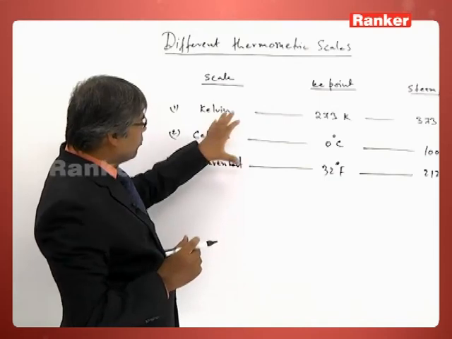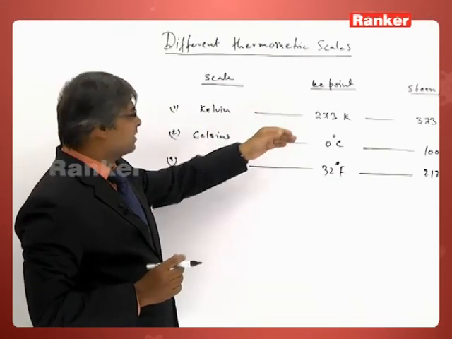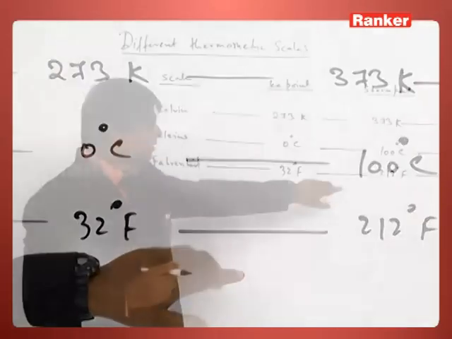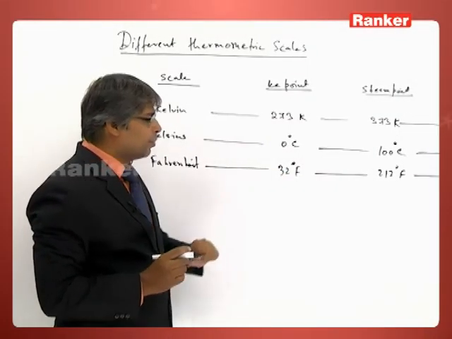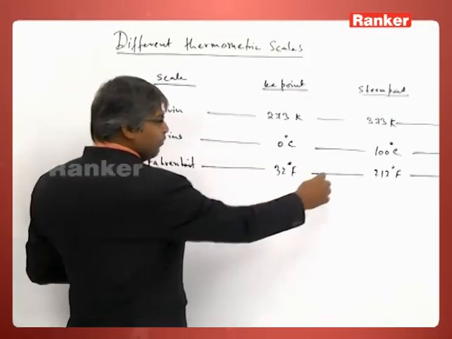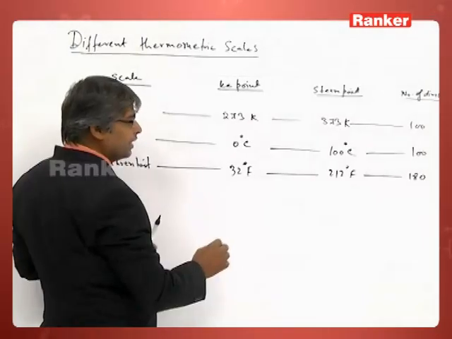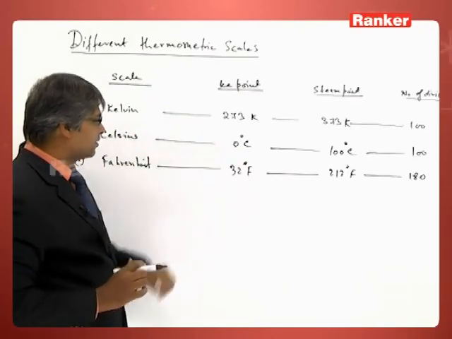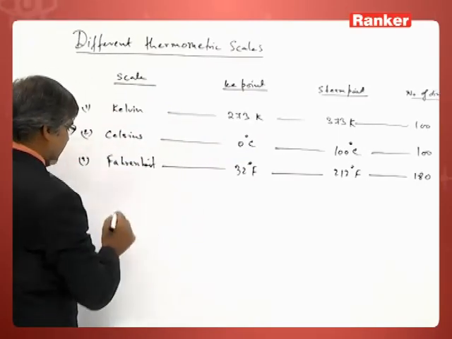Now we can convert. It is asked that if this much is centigrade, what numerical value does it have in Fahrenheit scale. Suppose I am having a fever of 102 degree Fahrenheit, then what is my body temperature in Celsius? So we can change this.